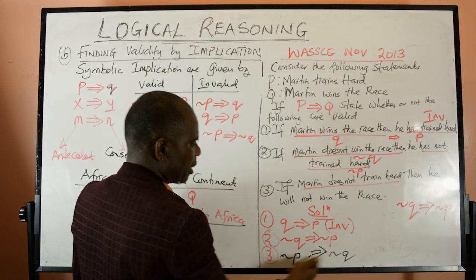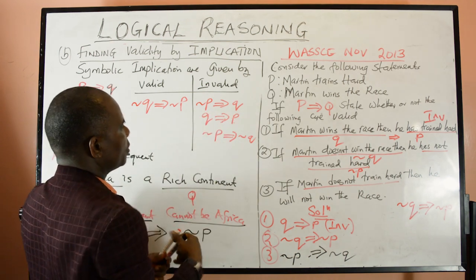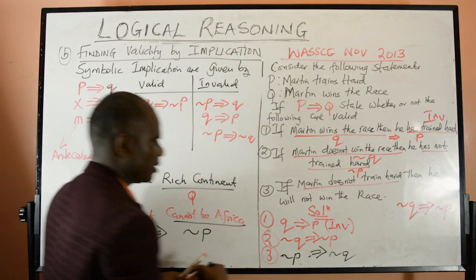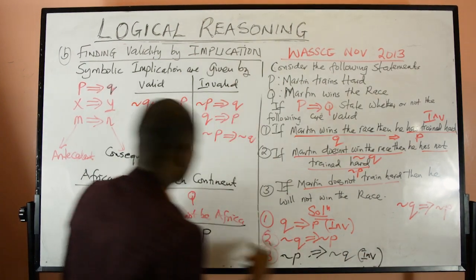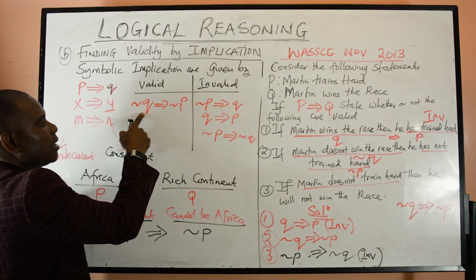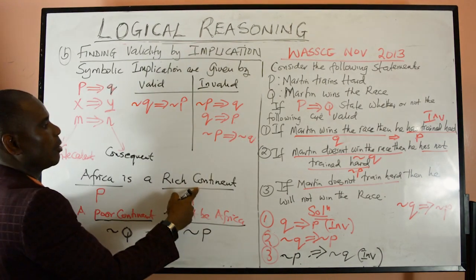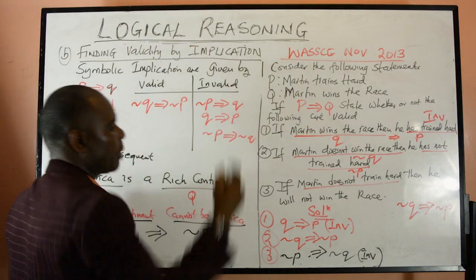So it is invalid. If you check it here, this is the assertion here, which is also invalid. It is only valid when you have this combination, when the negation of the consequence is implying the negation of the antecedent. So let's go back there one more time.